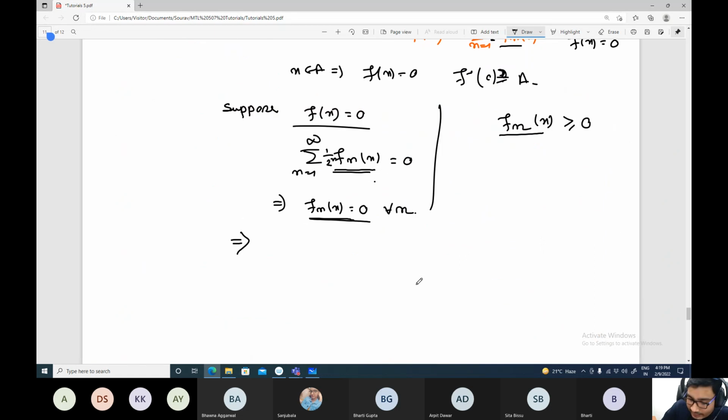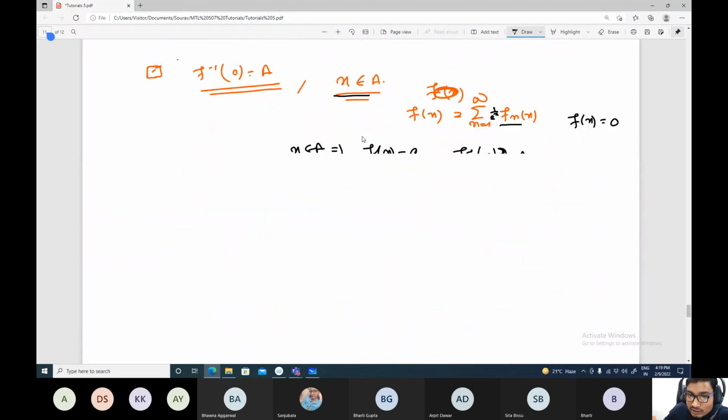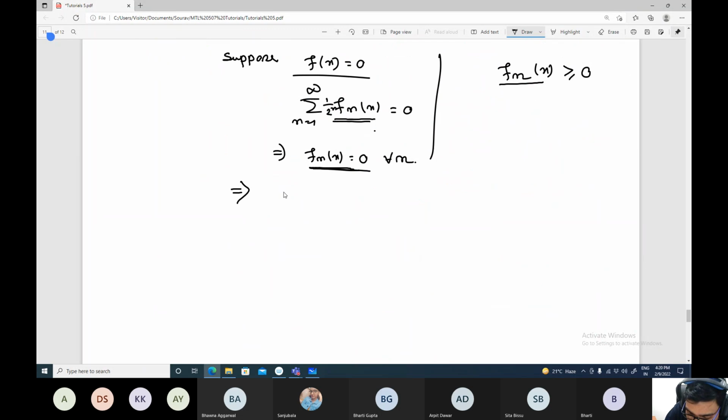Now see, here each fn(x) is equal to 0, but for each x in V, we have fn(x) equal to 1. Then what can we say from these two arguments? x cannot be in Vn complement, right?